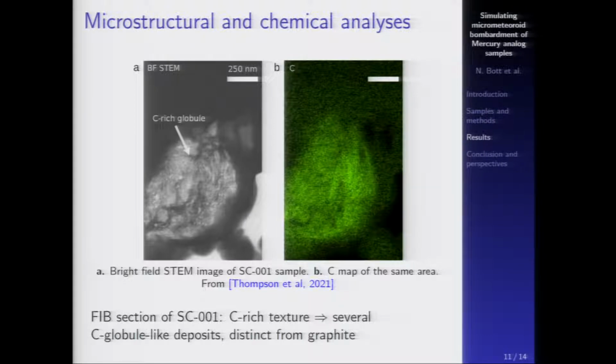And these globules are distinct from the graphite layers that we included in the samples. So these globules have been produced during the irradiation of the samples.